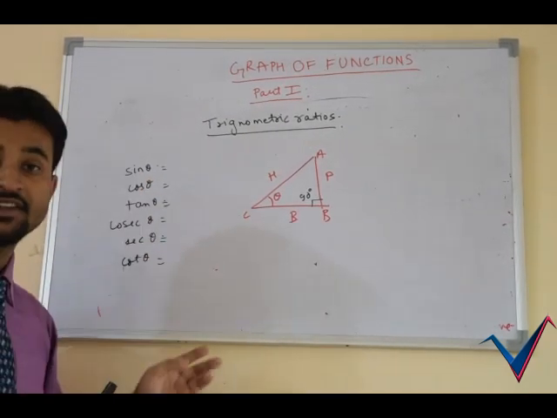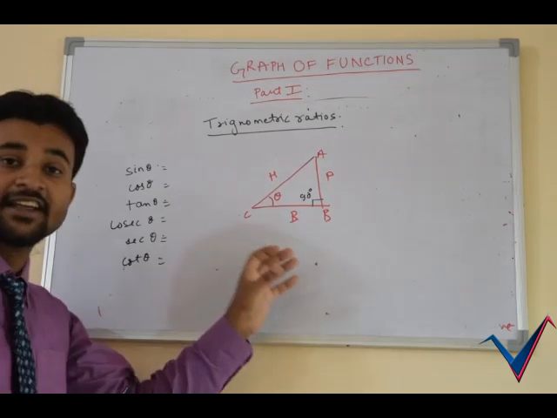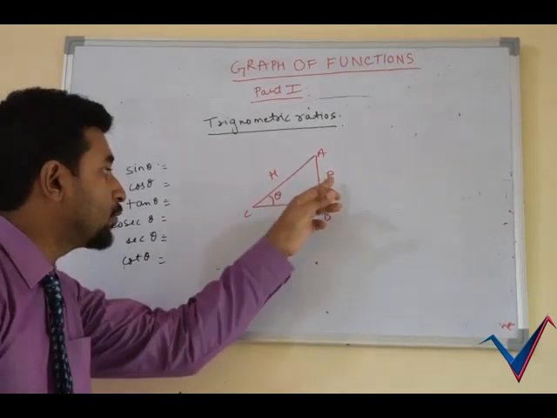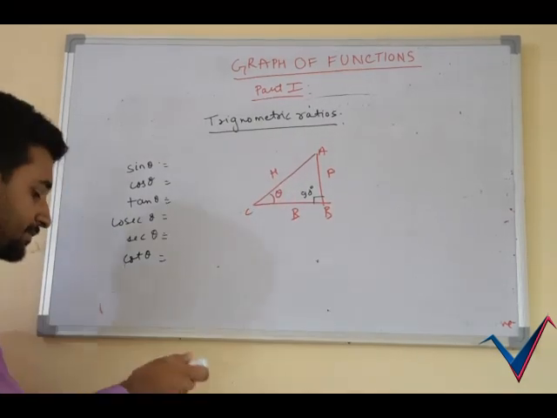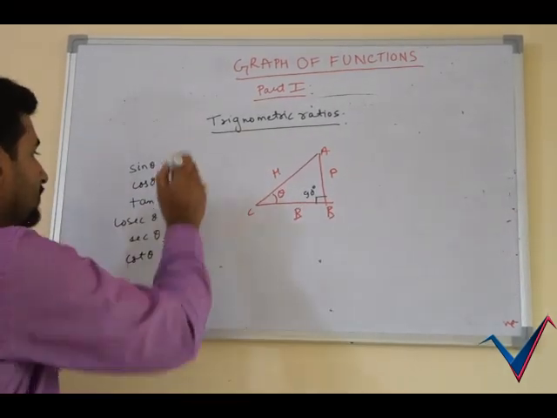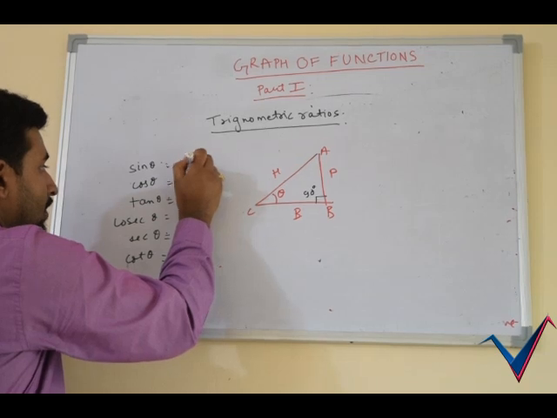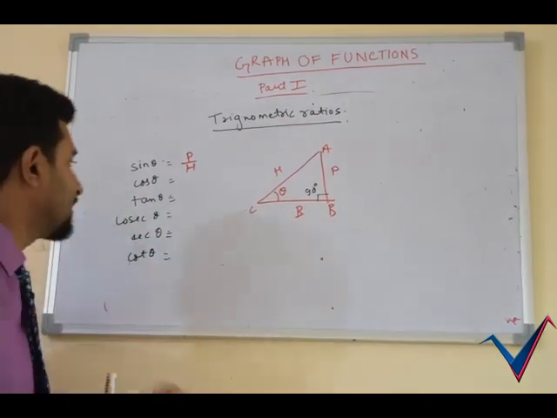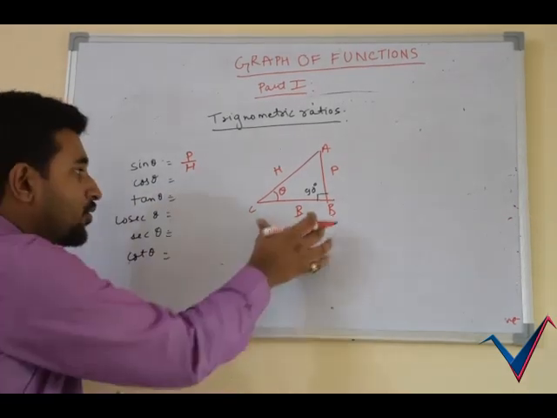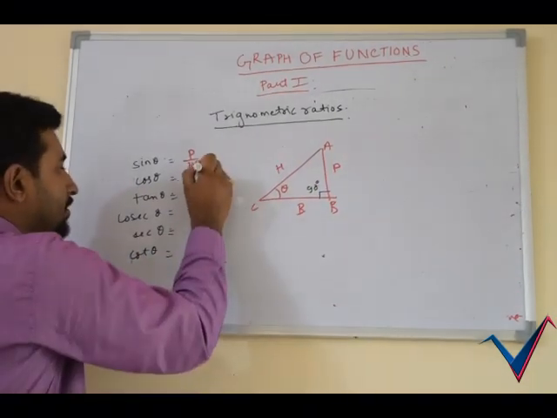The first one is sin theta. In any right angle triangle, sin theta is equal to perpendicular by hypotenuse. Cos theta is equal to base by hypotenuse.